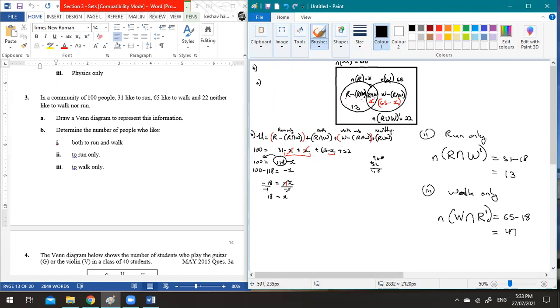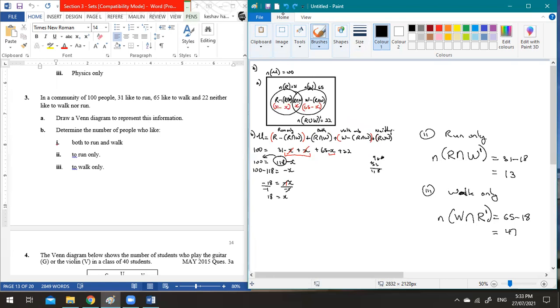In the middle, I'll put 18, and on the right hand side, I'll put 47. Right, so for now, you just leave it like that. But writing the correct set notation, right, will give you the full marks for these questions.